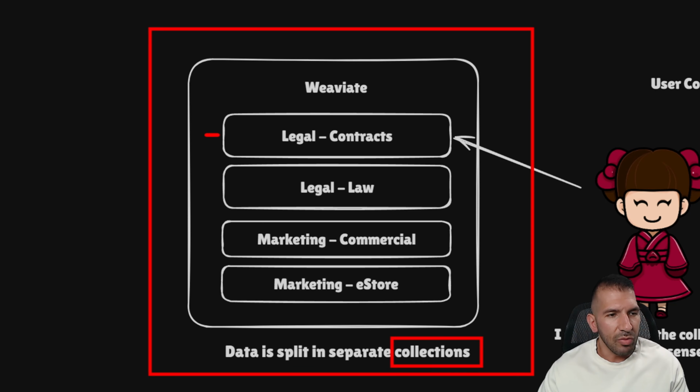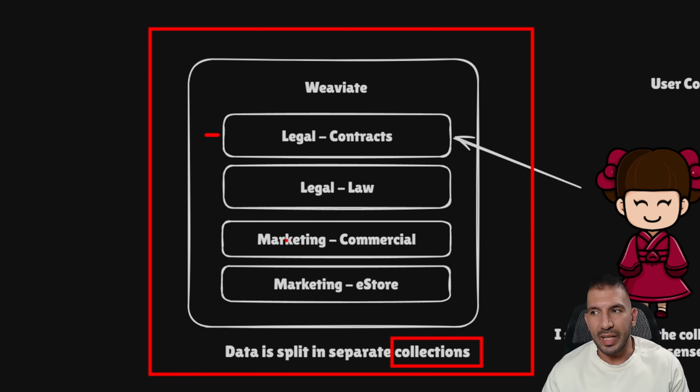Here I put some examples. Maybe I have the collection for my legal contracts, the laws, marketing commercial, the store. You can imagine there are a lot of different collections because we have a lot of different departments. We are an enterprise. We have legal, marketing, the PBU, which is the product business unit. We have finance. We have service, repair, etc. We have a bunch of collections and we have a bunch of countries. Acer EMEA is a very heterogeneous region, which has 25 different countries.